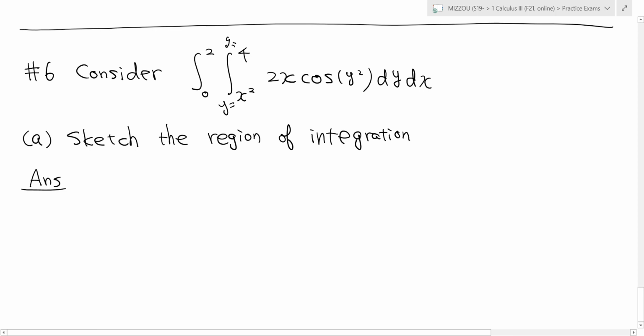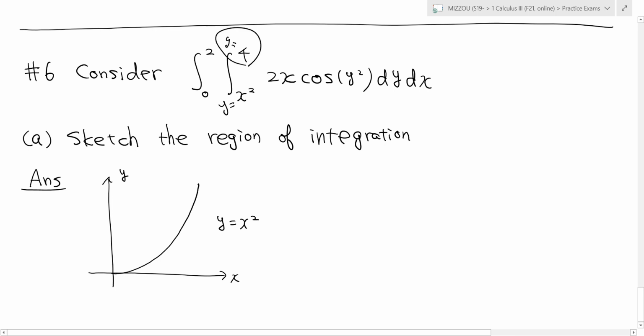Now, y is equal to x squared is a parabola, like this. And then y is equal to 4 is a horizontal line at y is equal to 4. What this is saying is that for fixed x, your y value varies from the parabola to 4.